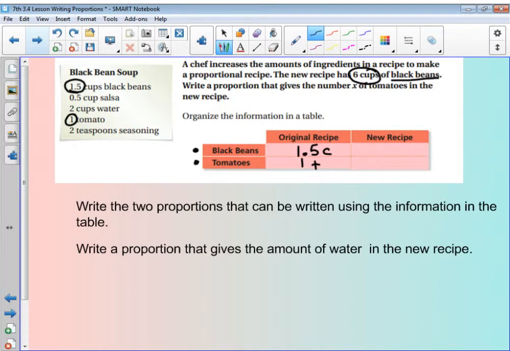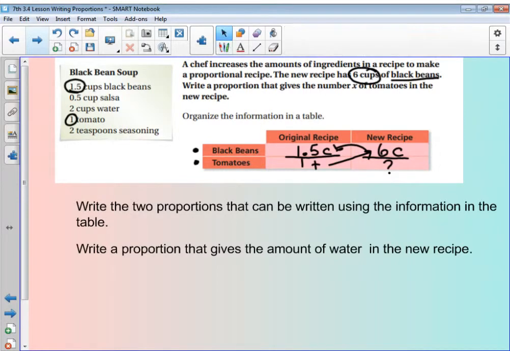So my black beans was my top number, so I'm going to put 6 cups here. And now I need to solve for this. If I look at it as fractions, I'm going to cross multiply, divide, or solve. So if I cross multiply, 1 times 6 is 6, divided by 1.5 gives me 4. So I am going to need 4 tomatoes for this.